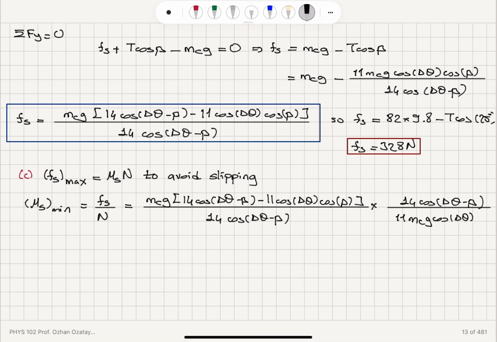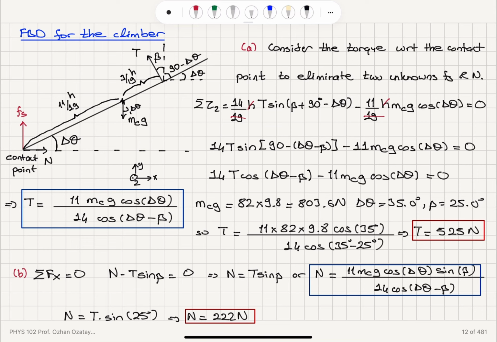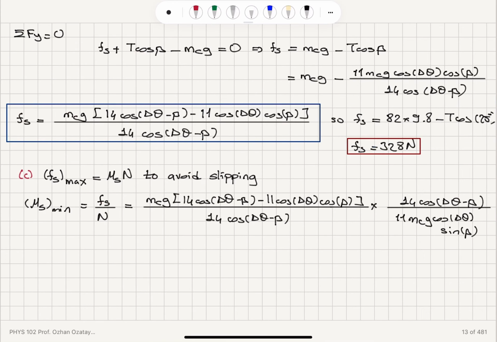So let's remember our normal force. Here it is, cosine delta theta sine beta, 11 mcg divided by 14 cosine delta theta minus beta, but this is the reciprocal. So I can see that these two will cancel, and I will find the minimum value of the coefficient of static friction.